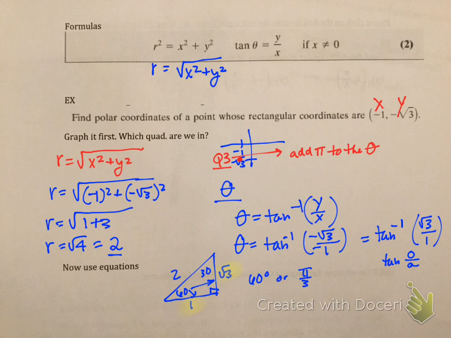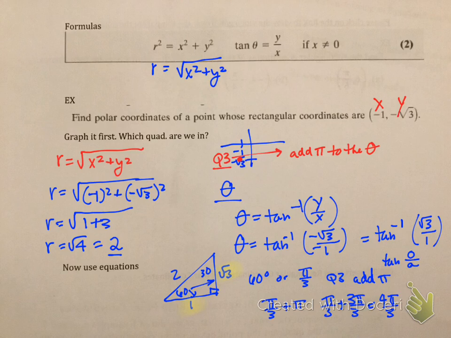Remember that I'm in quadrant 3. So I have to add pi to this value, because when I use inverse tangent, that only gives me quadrant 4 or quadrant 1. So let's go ahead and do that. Pi over 3 plus pi. So pi over 3 plus 3 pi over 3 equals 4 pi over 3.